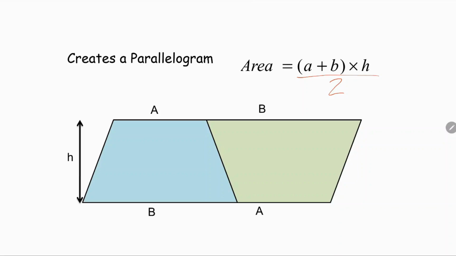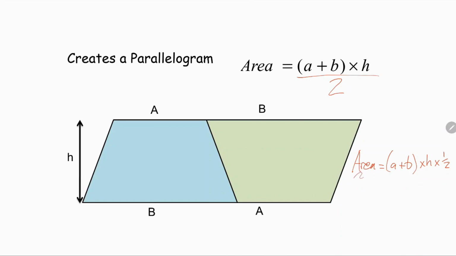Now, you'd probably see this formula in a few textbooks and online, or you might see an alternative, which is what's the same as dividing by 2. We have always said it's multiplying by a half. So instead of having it divided by 2, we could say the area is A plus B times H times a half.